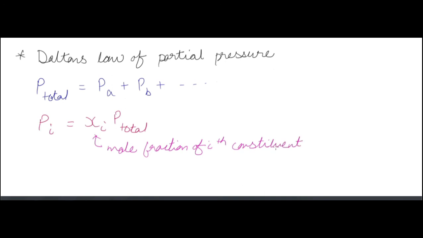Pa, Pb are partial pressures of the constituents, and P total is the total pressure exerted by the gases. Now Pi, the individual pressure exerted by a gas, is equal to Xi into P total. What is Xi? Mole fraction of the ith constituent gas. What is mole fraction? Mass of the gas by total mass.